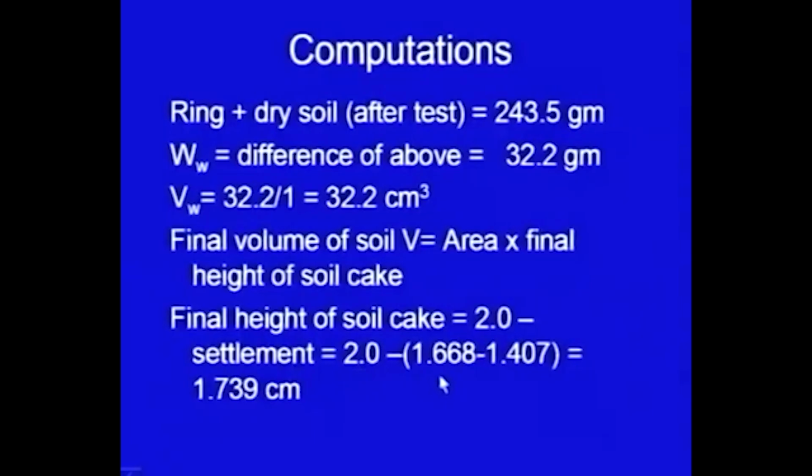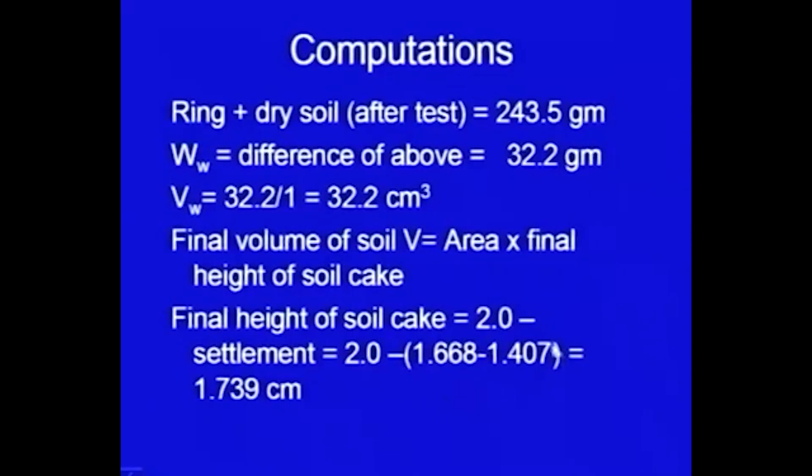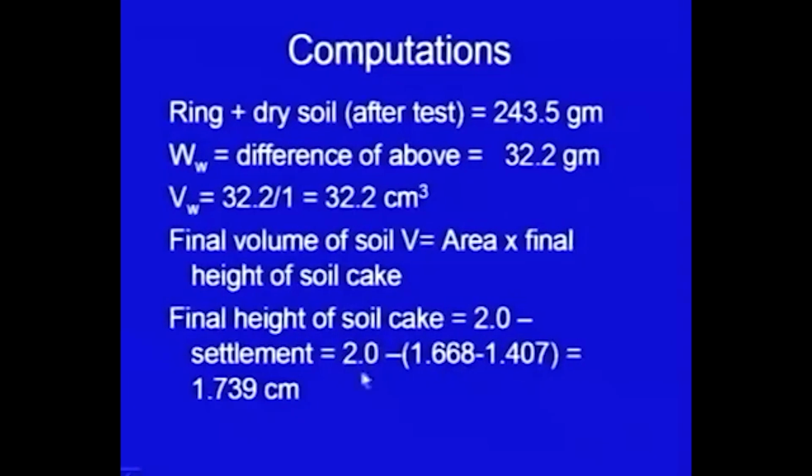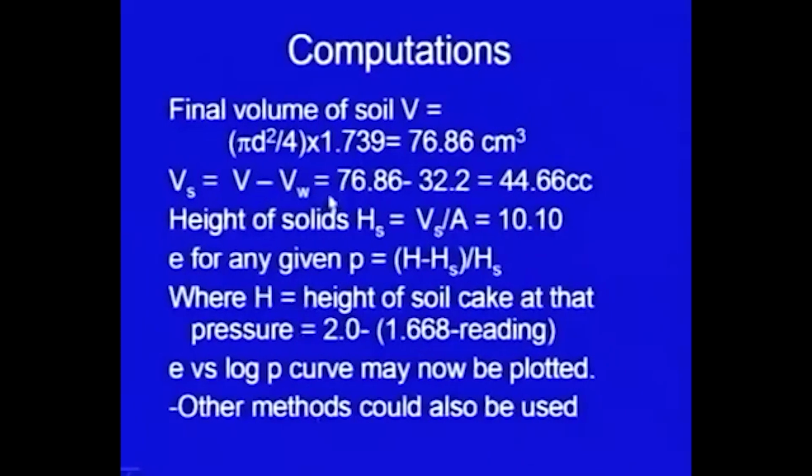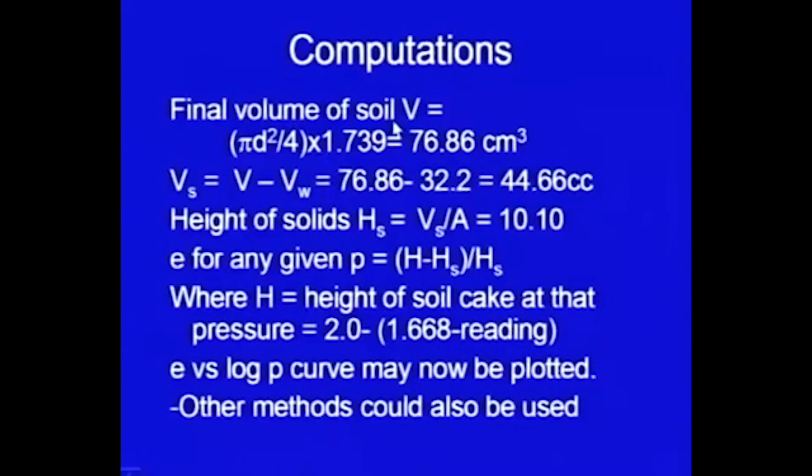This first reading, in centimeters, minus 1.407, the second reading, gives you the settlement. So, 2 minus this gives you the final height of the soil cake.